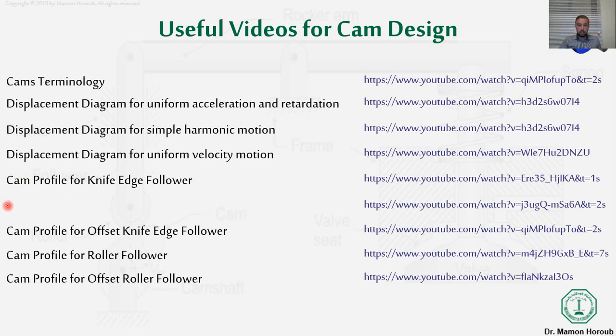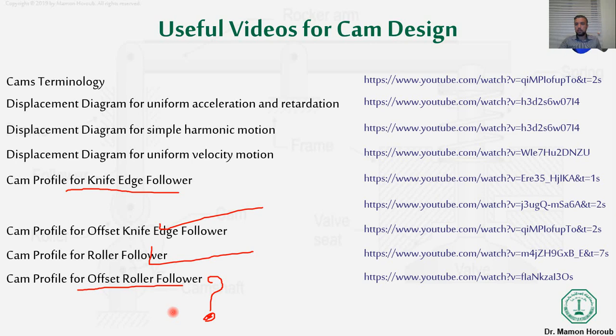And actually, in this lecture, we have discussed the offset knife follower, and the cam profile for the roller follower in the previous example. For this one, we didn't discuss it. Just look at those videos. And I believe this one has something wrong. Just be careful once you see these videos, because he didn't follow the offset circle.